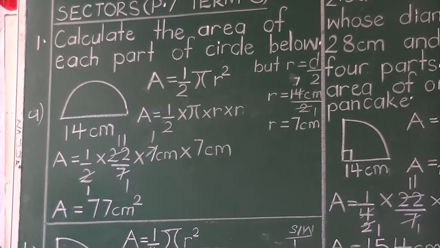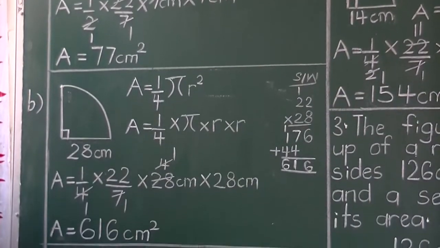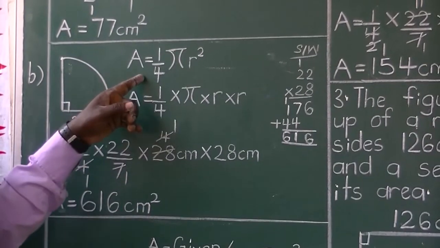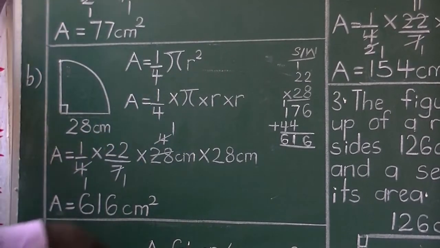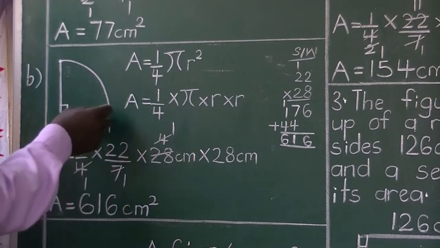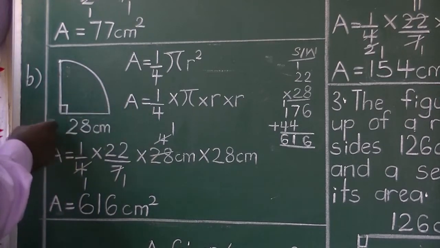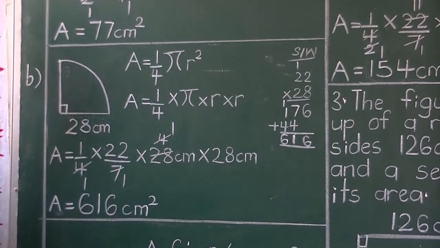What about other circle sectors like a quadrant? A quadrant is a quarter of a circle. If a quadrant is a quarter of a circle, then the area of a quadrant equals a quarter pi r squared. So we have the flat surfaces here. Both are radii. This is a radius, which is 28 centimeters, and so is this radius, 28 centimeters.